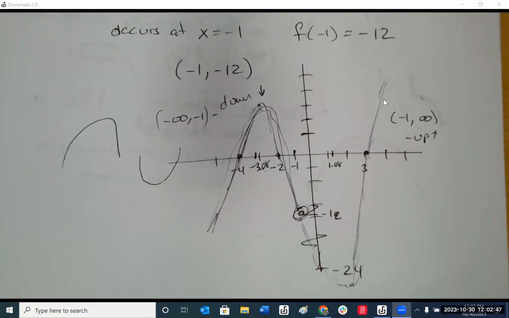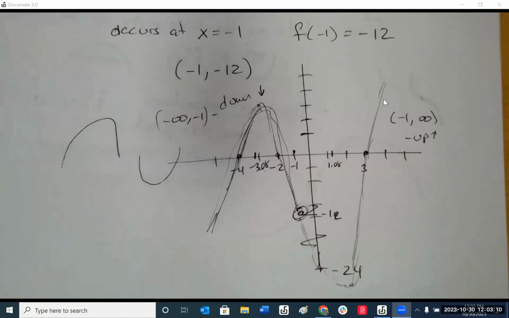Right, yeah. Can a vertex be an endpoint? I mean, if there's an endpoint in the interval, it's an endpoint. Think of the definition of a maxima or a minima of a vertex. It has to be an open interval.